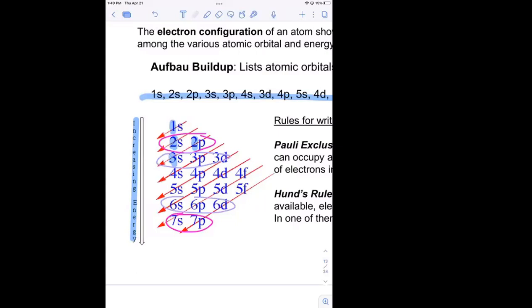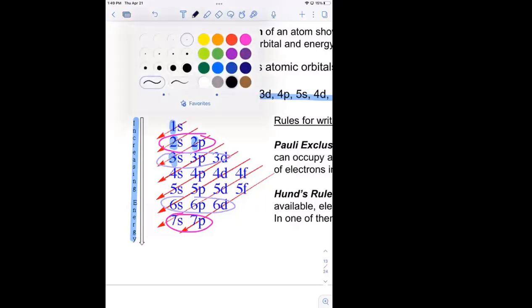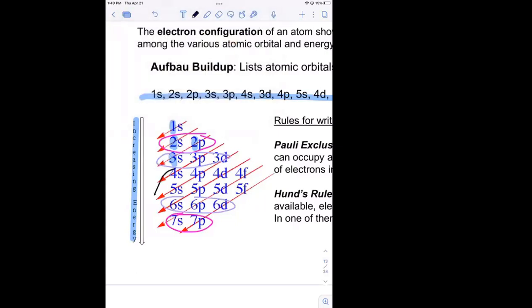And then the fourth and fifth have four subshells, 4s, 4p, 4d, 4f, and it's the same for 5. So if you remember that part, aside from the 1s, the 2 and 7 have two subshells, the 3 and 6 have three subshells, and the 4 and 5 have four. That's an easier way to memorize the buildup.